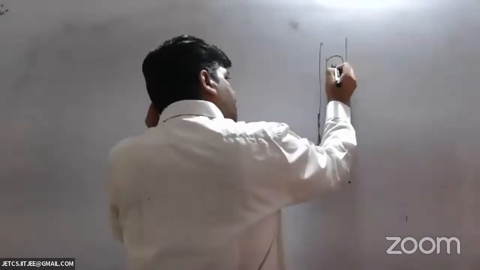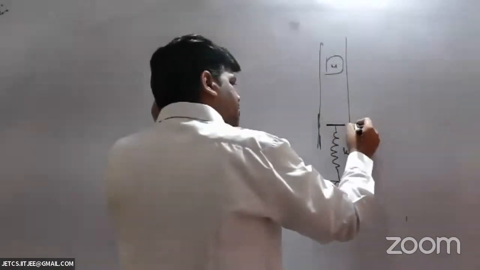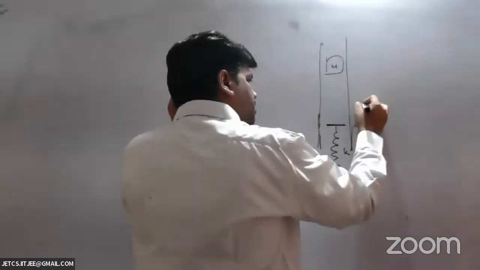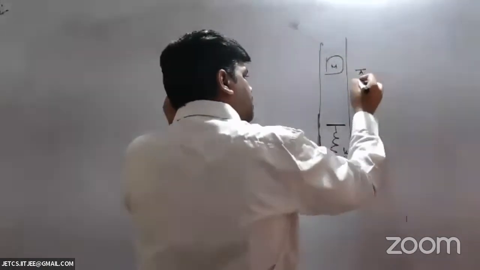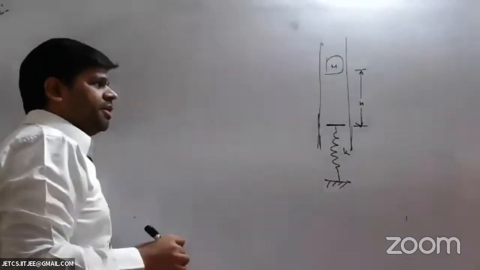Block of mass m, spring constant k, and the block is released from height h from the natural length of the spring. All right, I have to find out.